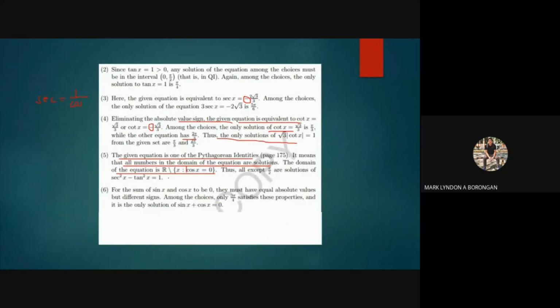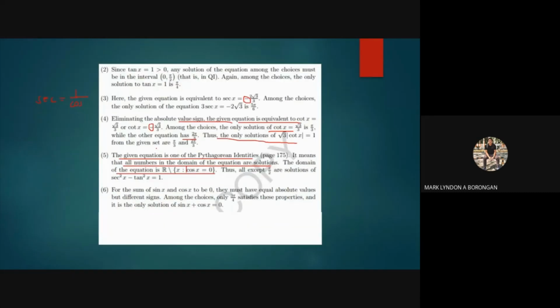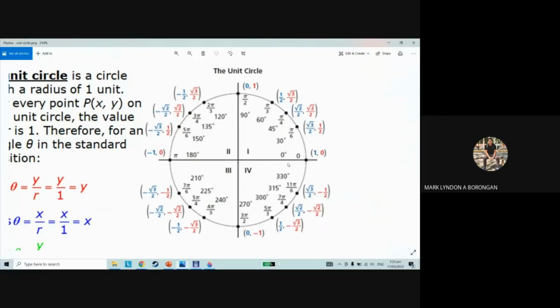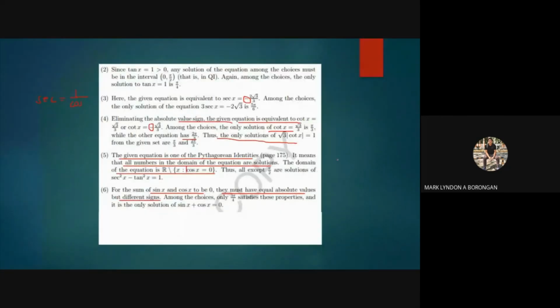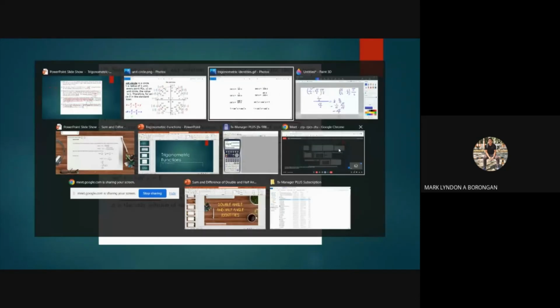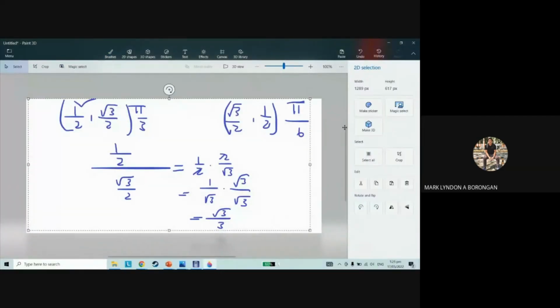The last example is this. For the sum sin x plus cosine of x equal to 0, for the sum of sin x and cosine of x to be 0, they must have equal absolute values but different signs. I'll write it here.